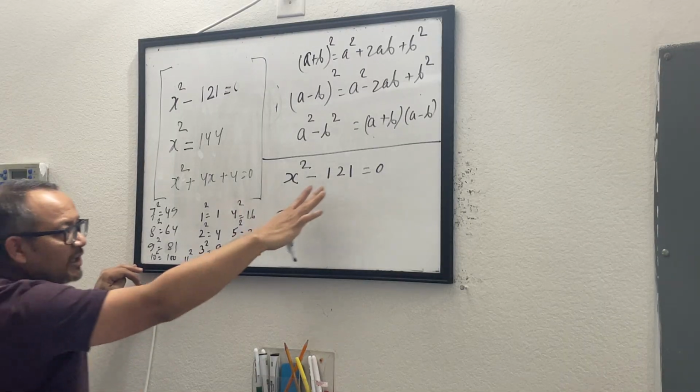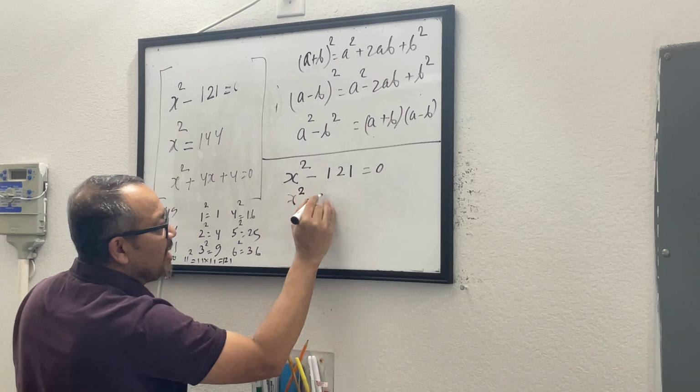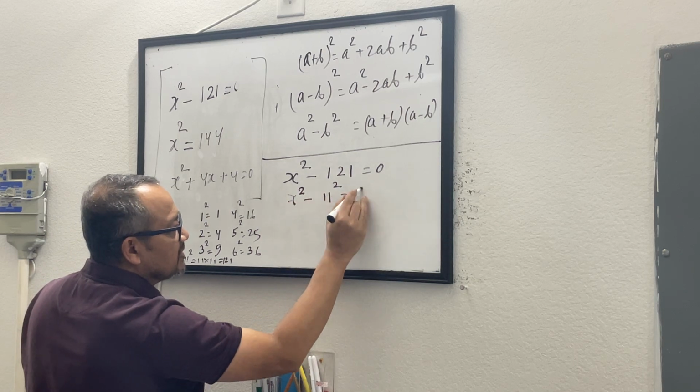Okay, so this one I can represent as x square minus 11 square.